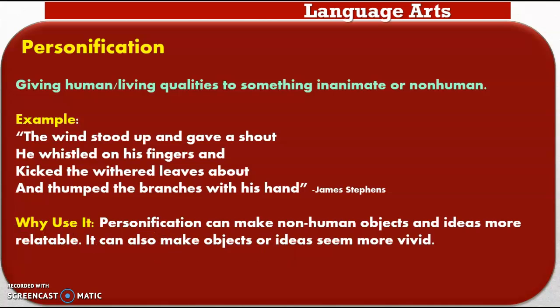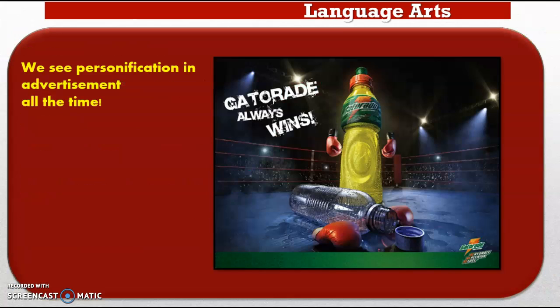Here's another example of personification, right? We see personification in advertisements all the time. If we were in class, we would discuss this image. Here is Gatorade. What are they trying to show in this advertisement? That Gatorade is more powerful than other drinks, right? And they personify it by making it like a boxer, like it just knocks out the other drink. So you can relate to that a little more.